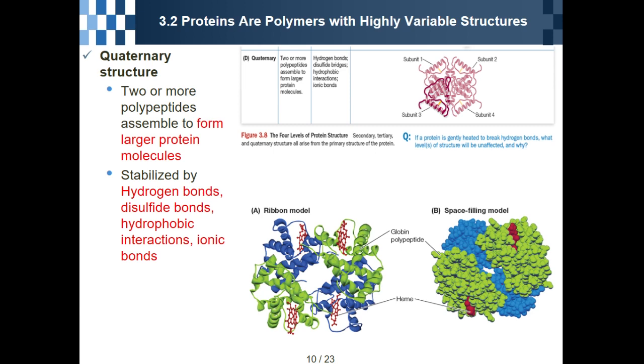This is tertiary structure, and this is tertiary structure. They assemble to form large protein molecules. This one we call hemoglobin. So this is the hemoglobin structure like this.